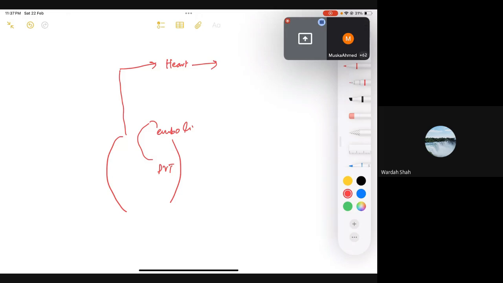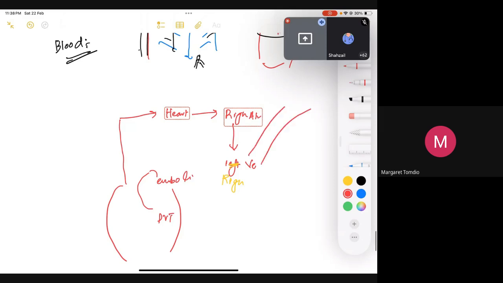Inside the heart, first it comes into the right atrium. From the right atrium, it enters the right ventricle. From the right ventricle, it goes into the pulmonary artery.